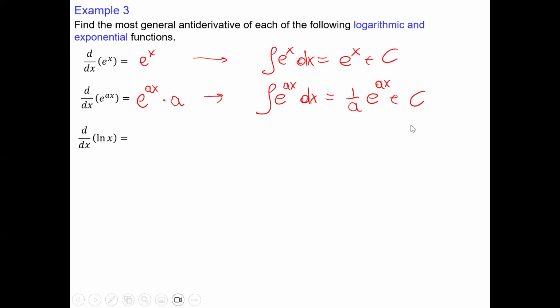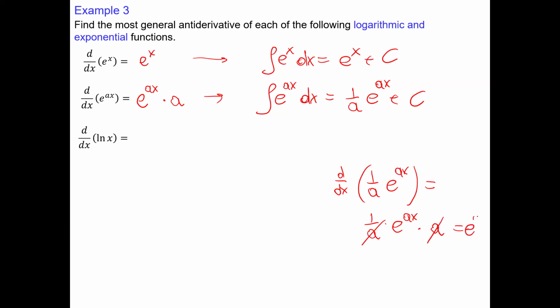Because now we can see when we find the derivative of 1 over a e to the ax, we have to get that integrand, because we are just anti-differentiating. That means I can copy the constant, and the derivative of e to the ax is e to the ax times a. And that's the reason that we need that 1 over a to be cancelled out.